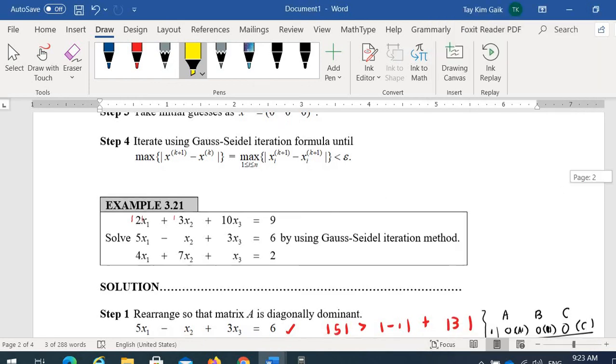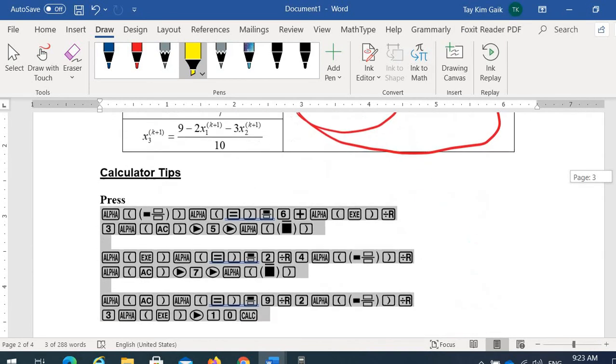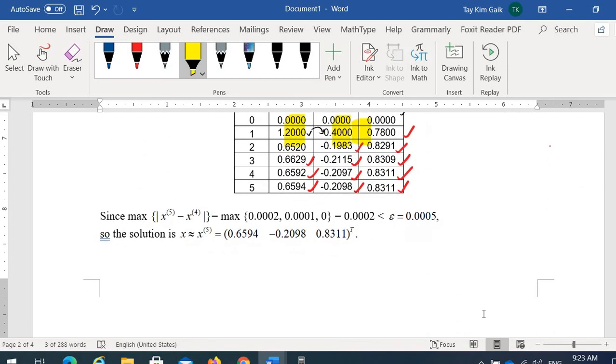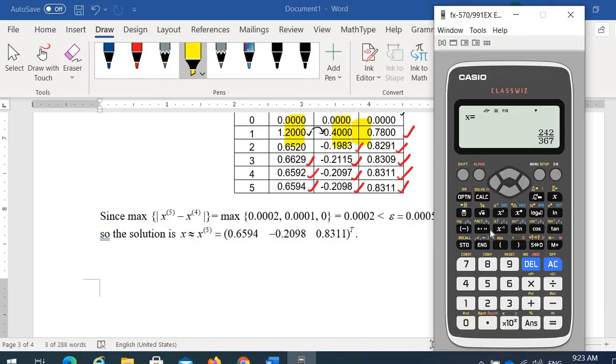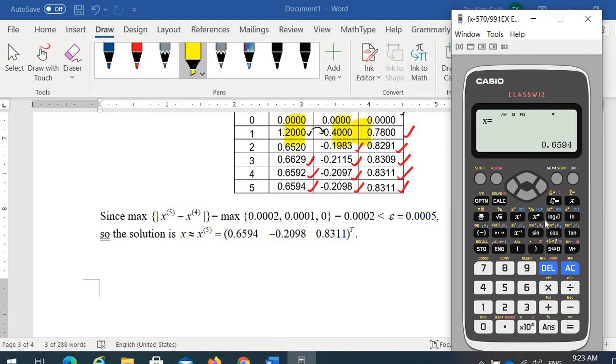Check with the solution we obtained numerically. Numerically, this is an approximate solution. The calculator should give you the exact solution. So we get negative 0.2098 and so on, and then the third value.